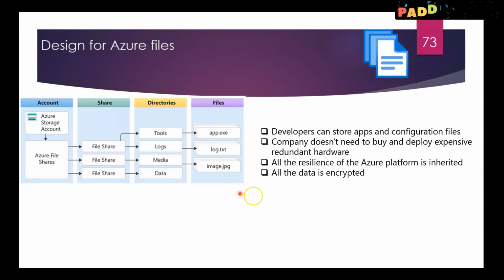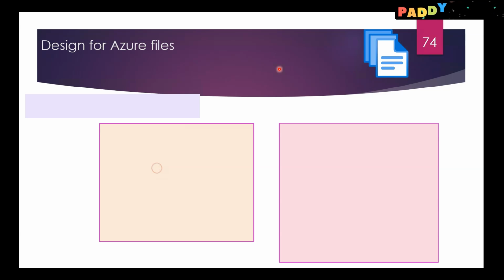By default the data is encrypted in transit using the HTTPS protocol, and whatever is stored is also encrypted at rest. These are a couple of features we can talk about immediately when designing for Azure Files. These are the things you need to consider.